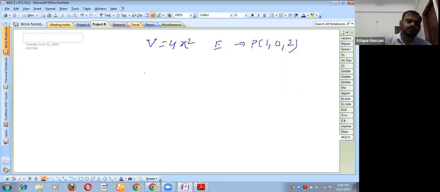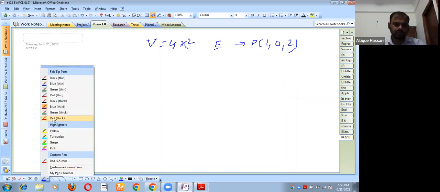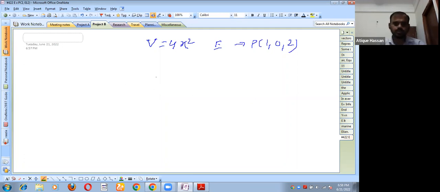Okay, let me remind you of the formula. Do you remember a formula which gives the relation between electric field and potential? Let me give you a way to decide which formula to use.